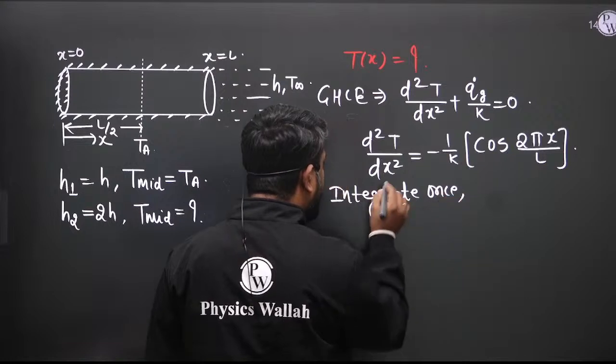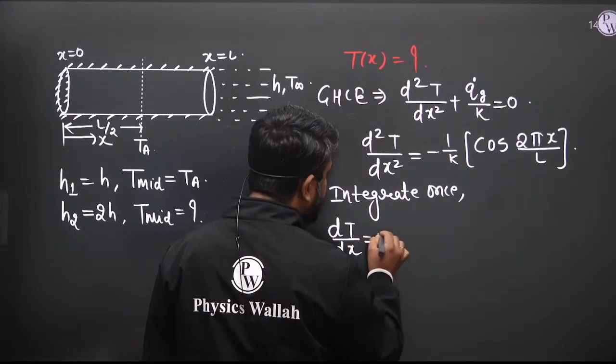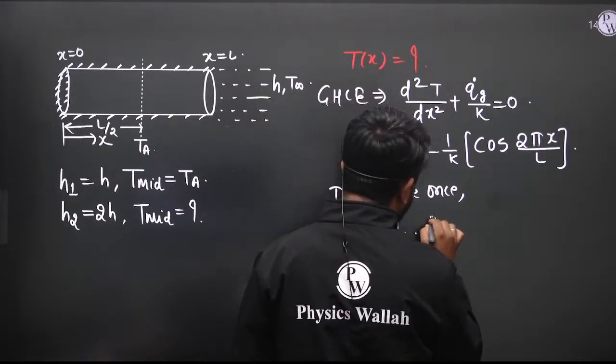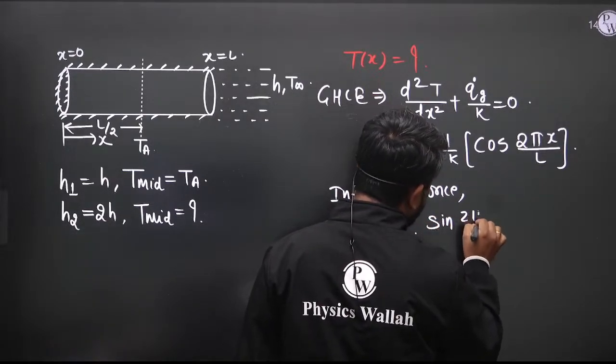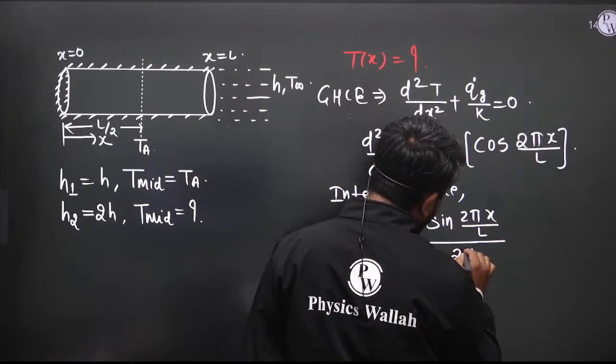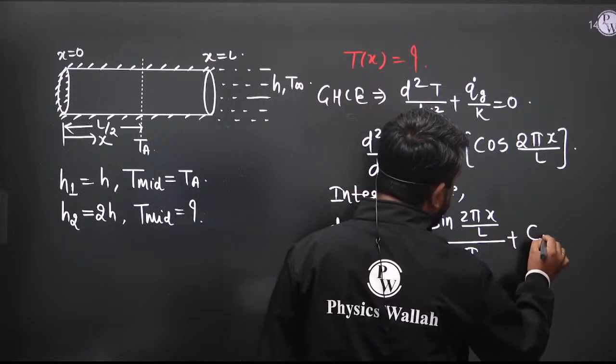If you integrate once, what you are getting is dT by dx is equal to minus 1 by K, and the integration of cos is sine, so this is sine 2 pi x by L upon 2 pi by L, correct, plus an integration constant, that is C1.